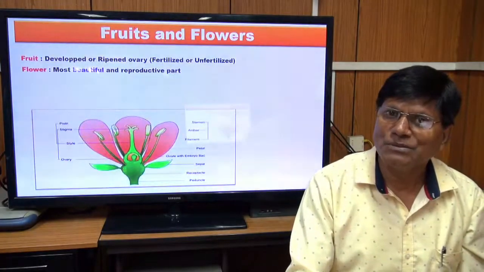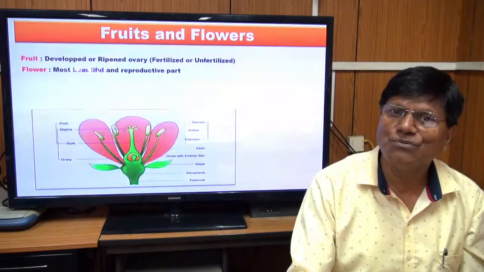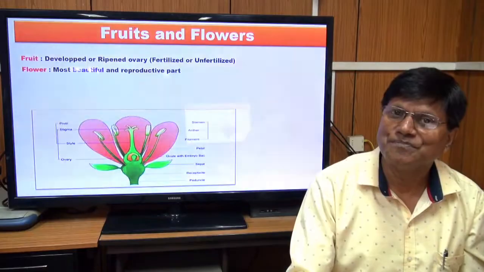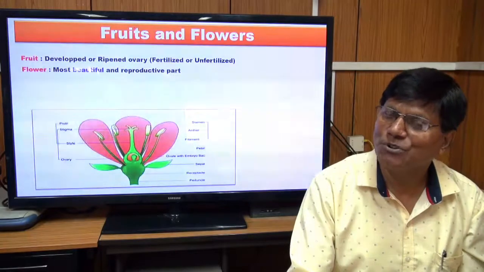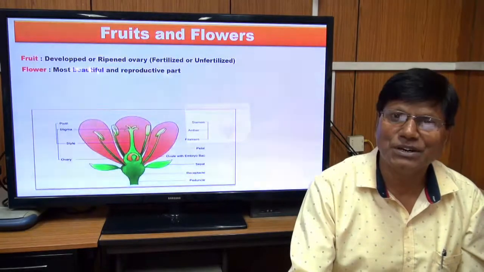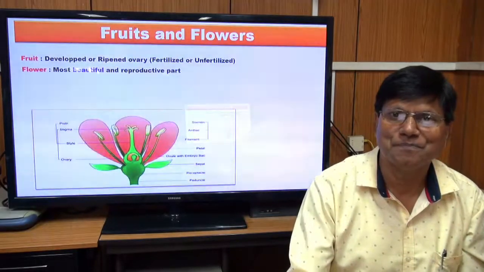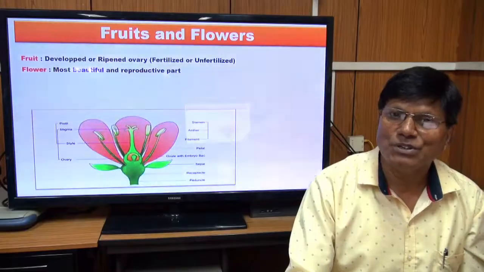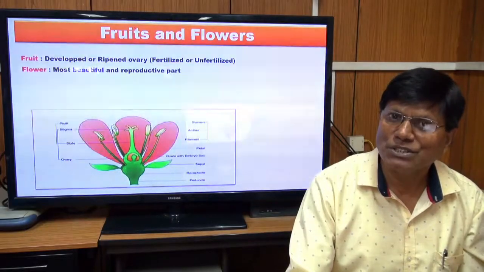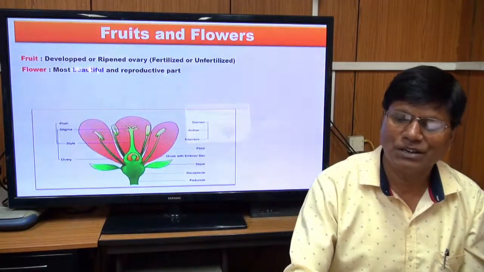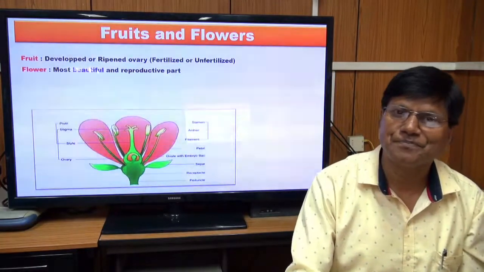So flower is having basically 4 main parts, grouped under 2 categories: essential parts or reproductive parts, and accessory parts or protective parts. Reproductive parts are the main parts which take part in reproduction, ultimately producing seeds and fruits.